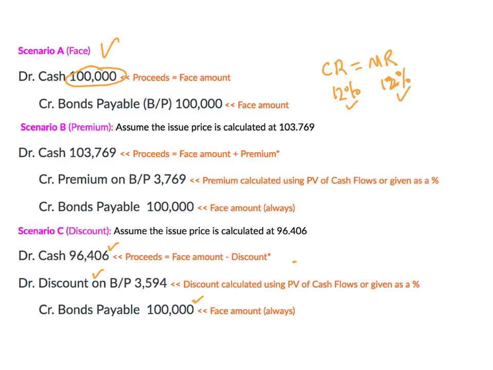Now, the investor will still get the interest payments that will generate a 12% return on the bonds, but the market rate in this situation, as you might remember, is actually at 13%. So that means that the bonds are one percentage short.